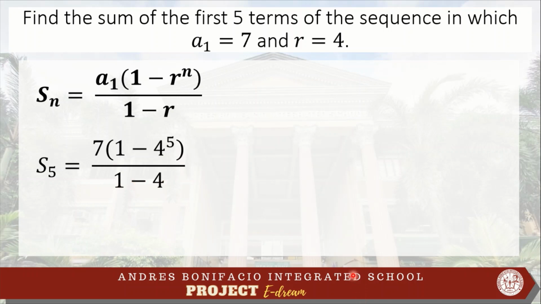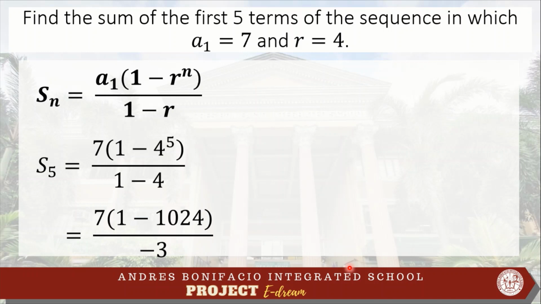Next, we simplify. We have 7 times 1 minus 4 raised to the 5th power, which is 1024, then divided by 1 minus 4, which is equal to negative 3.